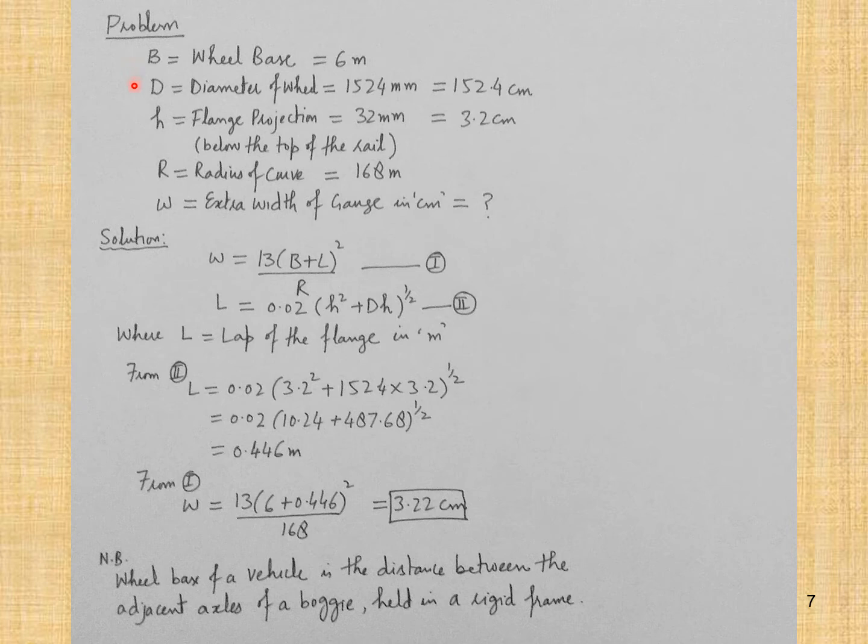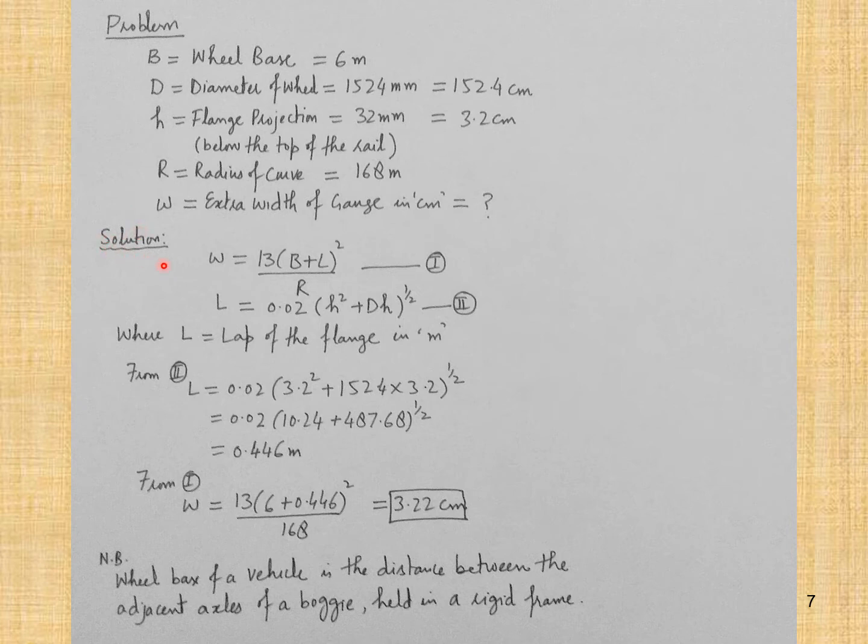D is the diameter of wheel, 1524 millimeters, so obviously 152.4 centimeter. Flange projection, below the top of the rail, is 32 millimeters, so obviously it is 3.2 centimeter. The radius of curve is 168 meter, and we are going to determine the extra width of the gauge in centimeter, that is W.